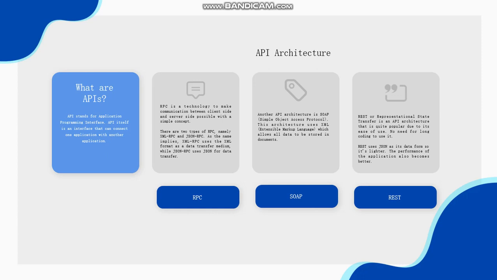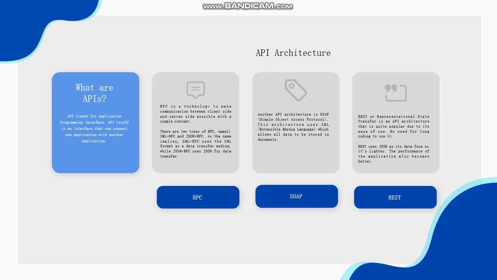API architecture: RPC. RPC is a technology that makes communication between client set and server set possible with a simple concept. There are two types of RPC, namely XML-RPC and JSON-RPC.